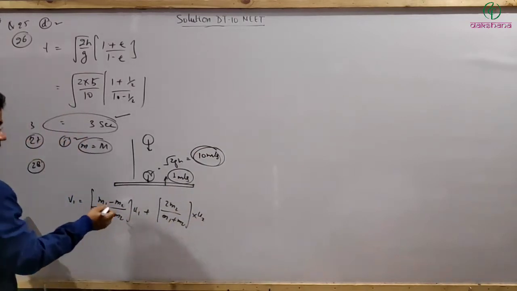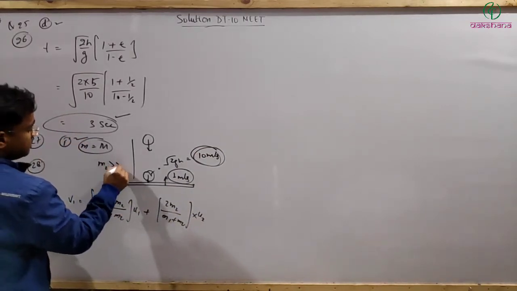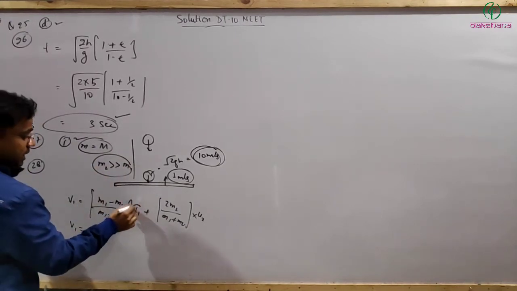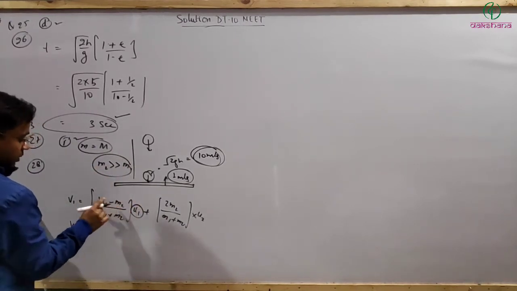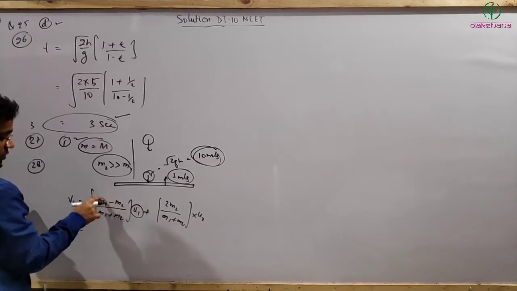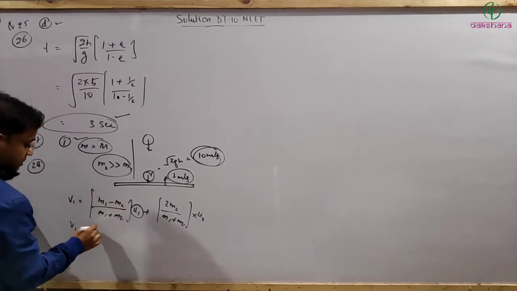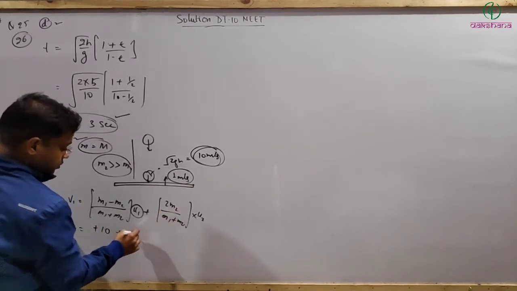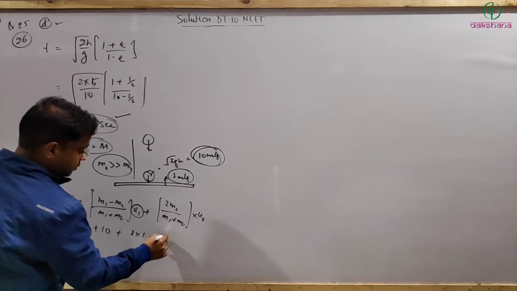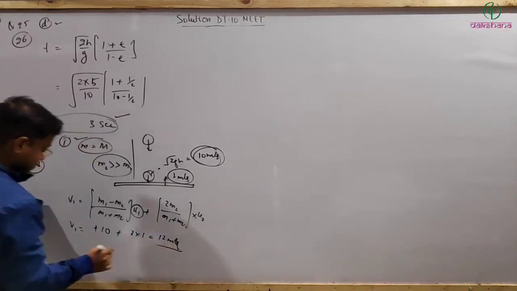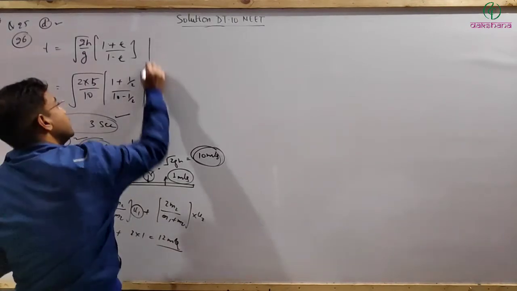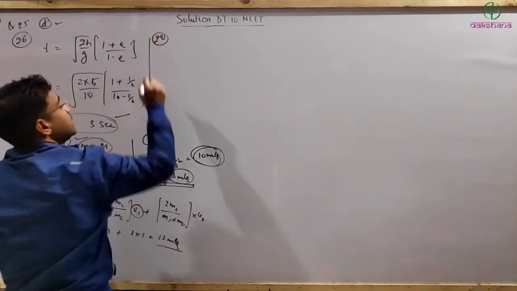Substituting in all that, and since the lift's mass m2 is very much greater than m1, we divide by m2, so v1 is equal to a very small quantity, so this is minus minus plus 10 plus again 2 multiplied by 1, that is equal to 12 meter per second. That is the answer, matching with option number 2 for question number 28. Next, question number 29.